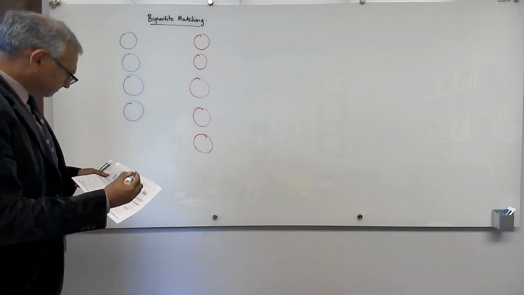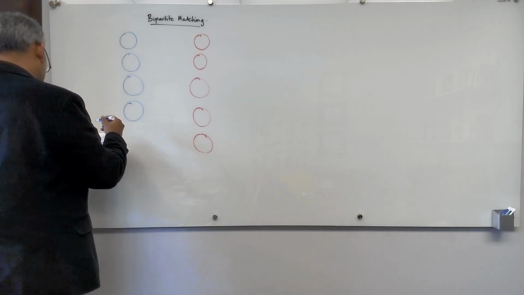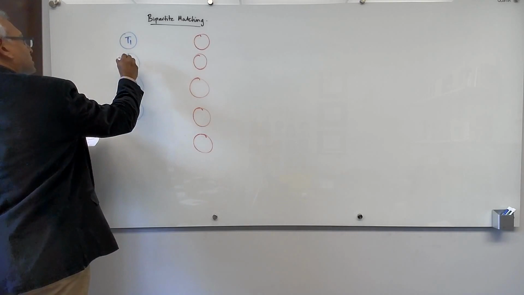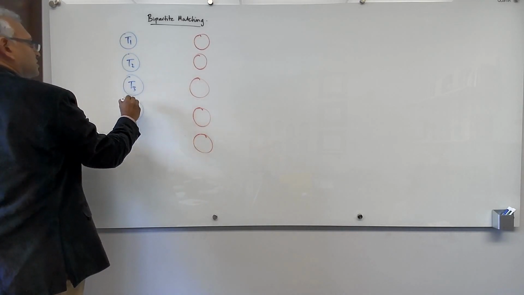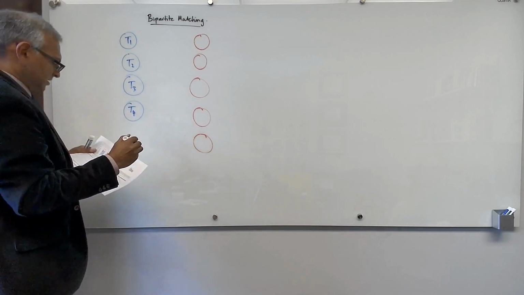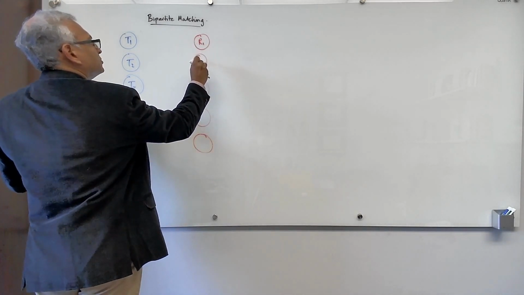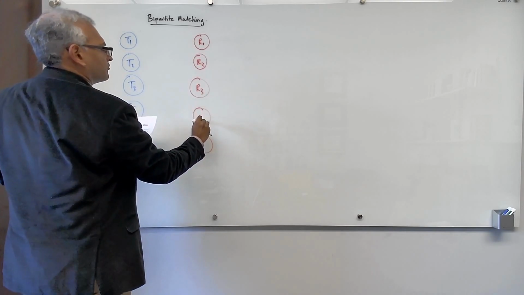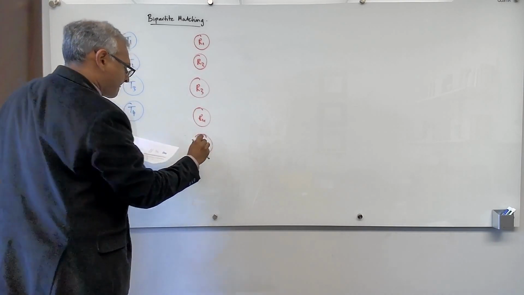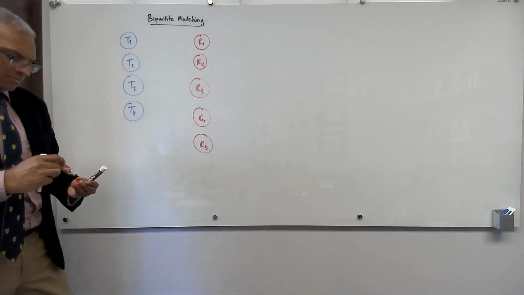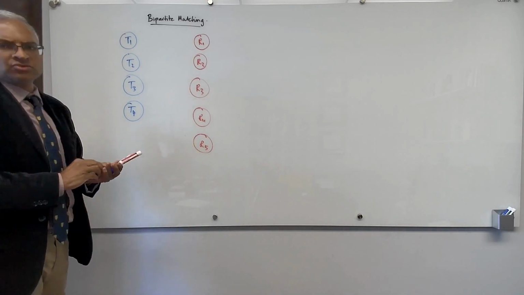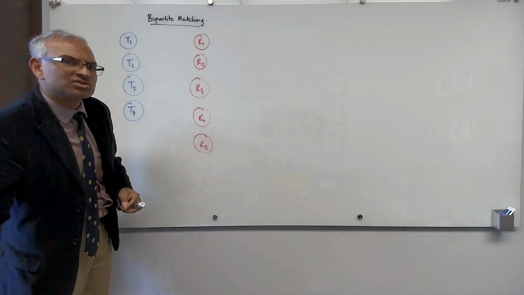Let me call the tasks T1, T2, T3, T4, and the resources R1, R2, R3, R4, R5. Now I'm going to introduce the relationships between tasks and resources.